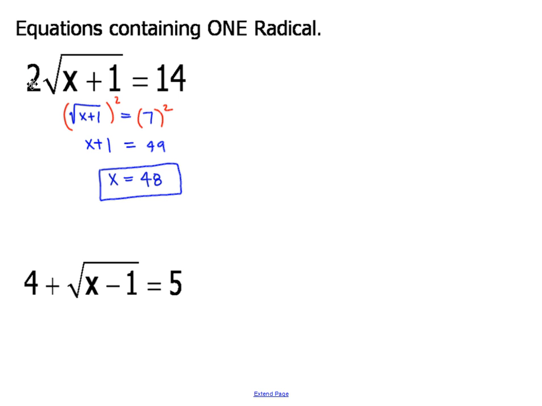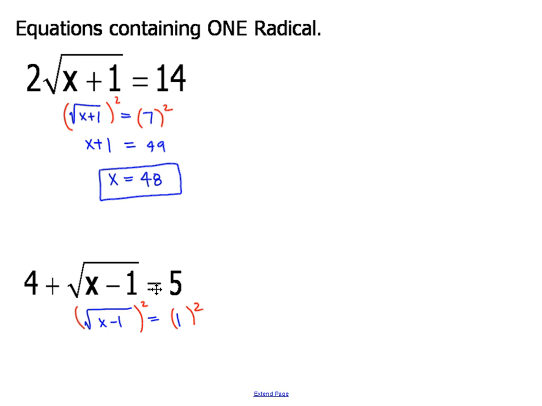Alright, so we're going to do another one where we're going to isolate the radical first. Here, since it was 2 times, we divided both sides by 2. Now it's 4 plus, so I'm going to subtract 4 from both sides. I'm going to get the square root of x minus 1 equals, when I subtract 4 from both sides, it's equal to 1. Next, I'm going to raise both sides to the second.